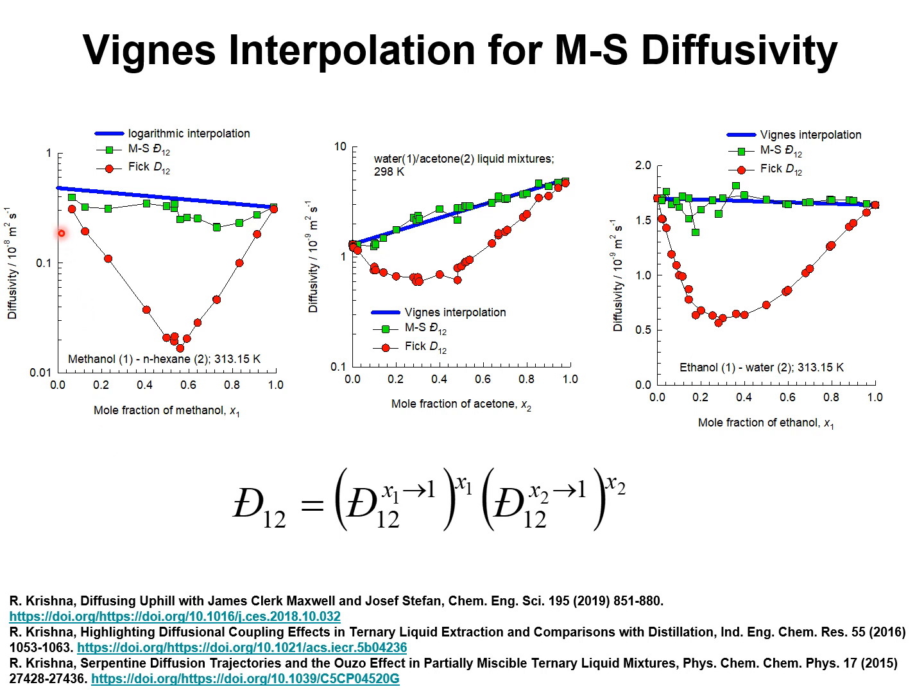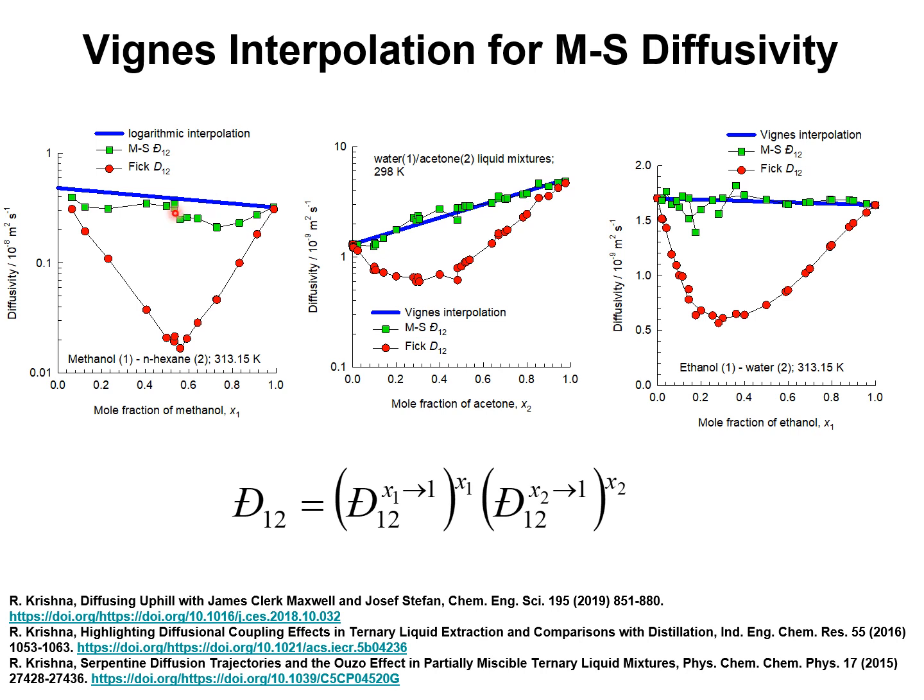may be made at any composition based on the infinite dilution values of the Maxwell-Stefan diffusivities at either end of the composition range. So these are the two diffusivity values of the Maxwell-Stefan diffusivity D12 at x1 tending to unity, which is this position, and this is the Maxwell-Stefan diffusivity at x2 tending to 1, which is at this point.